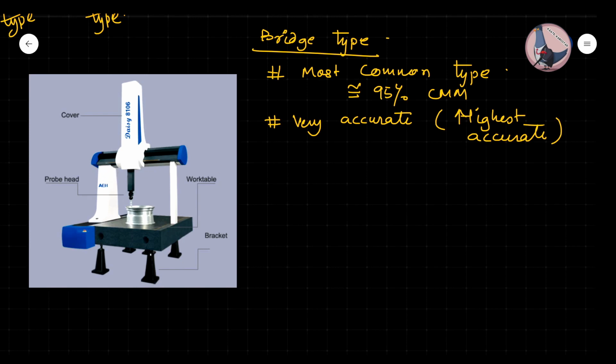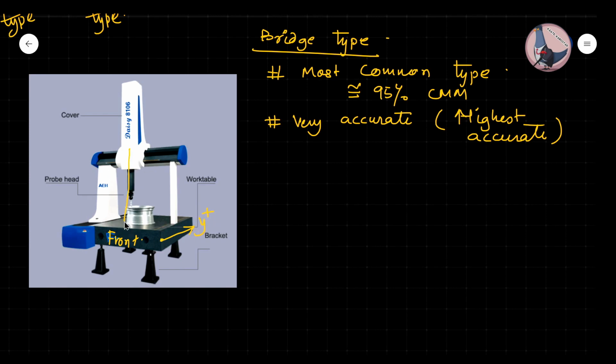Now, as I was telling in the last class, if you remember, if this is the front of the machine, then the machine coordinate system from front to back is your y-axis, y positive.